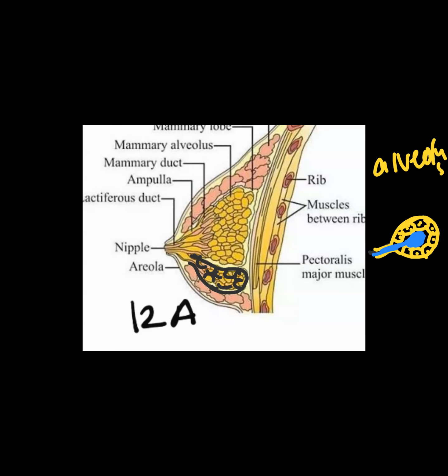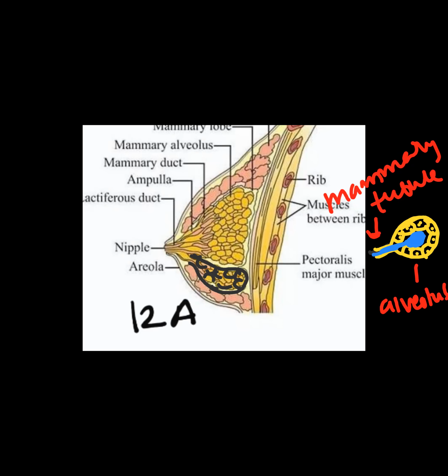The mammary tubule, this one. If this is an alveolus, these kind of small ducts or tubules, the ones in which alveoli open, are called mammary tubules.